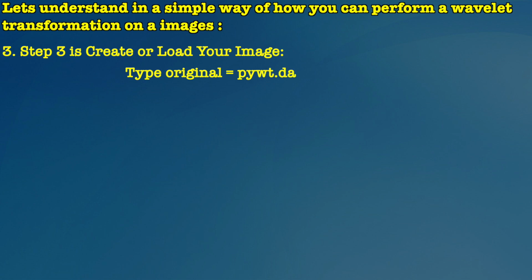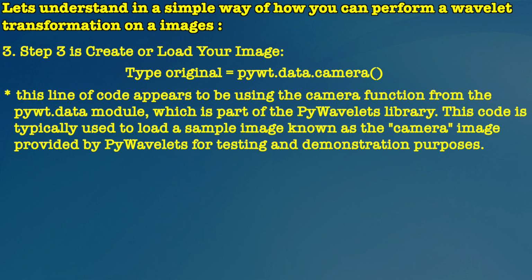Step 3 is to create or load your image. We can type original equal to pywt.data.camera. This line of code appears to be using the camera function from the pywt.data module, which is part of the PyWavelets library.